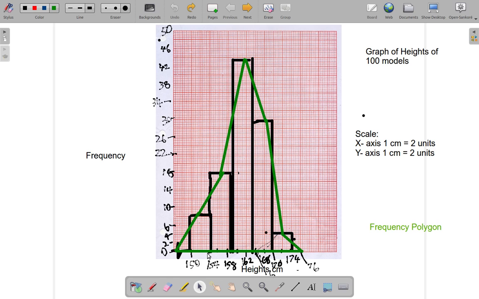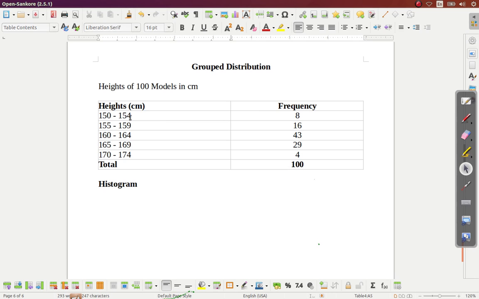I had said before that you don't start drawing this bar exactly at 150. You start just to the left, and you don't end this bar exactly at 154. Right? Look at this.